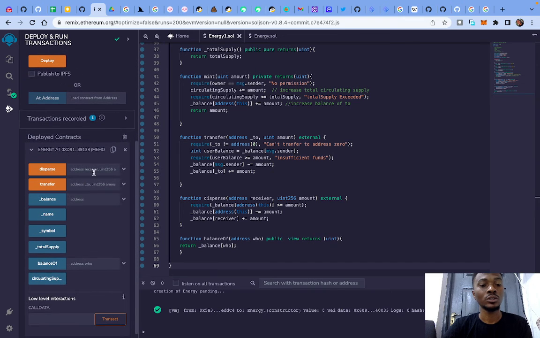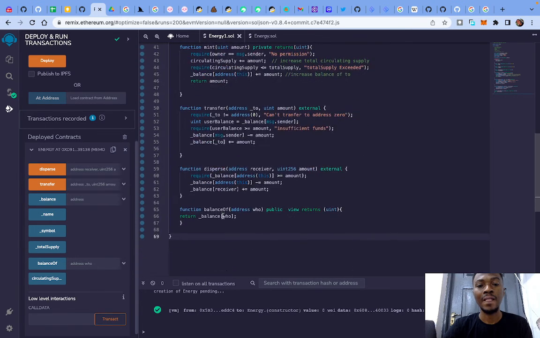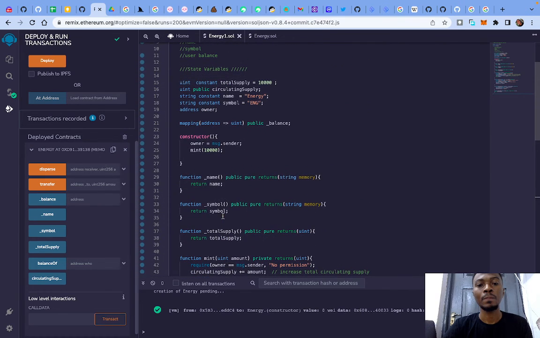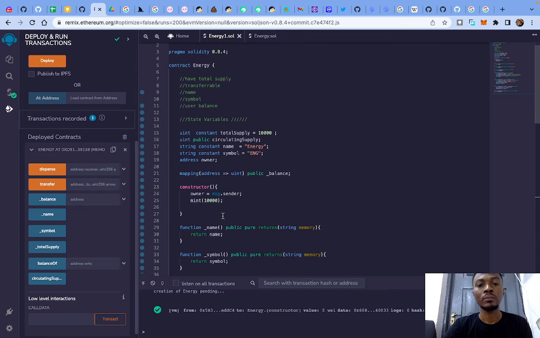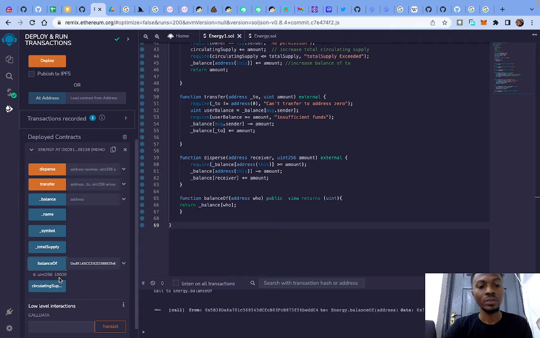So let's check the balance in these contracts. Let's see what it is. So we have 10,000 energy tokens in this contract.